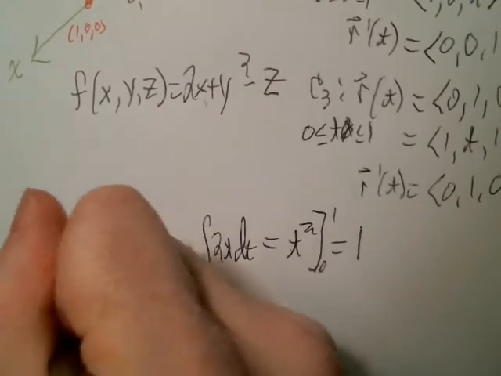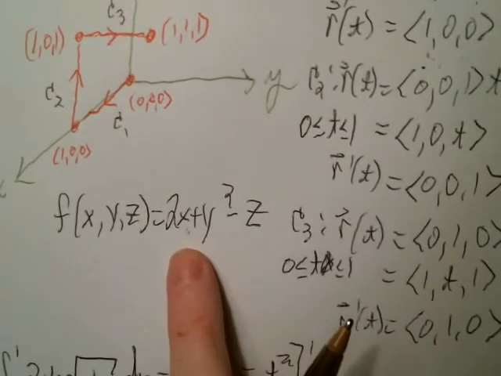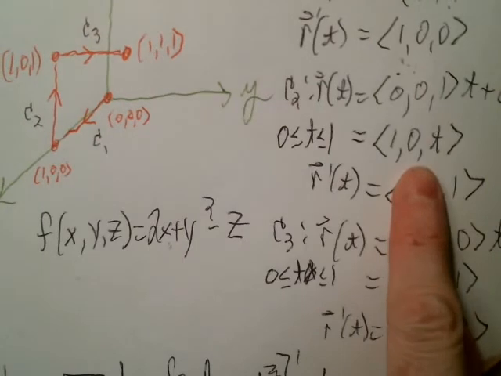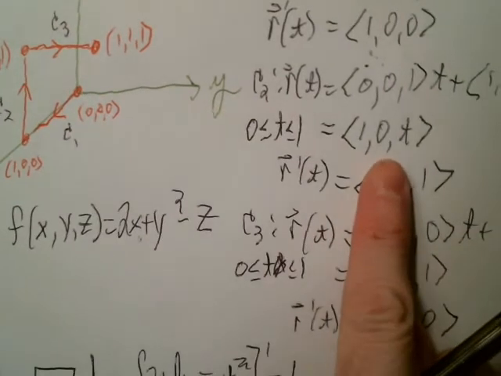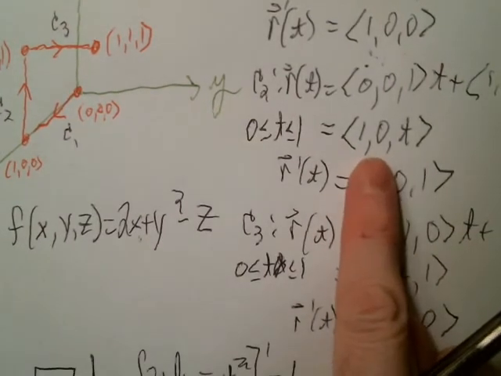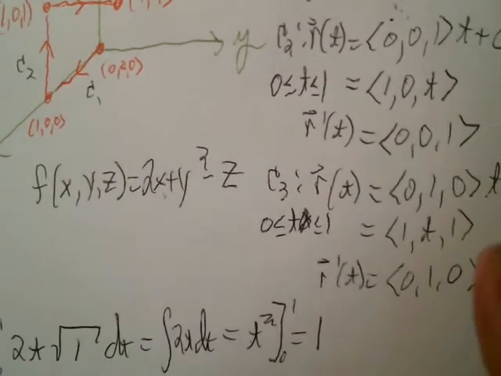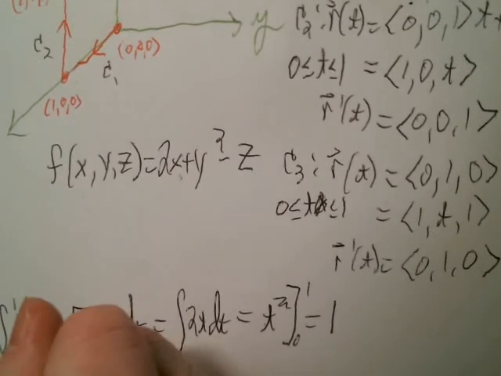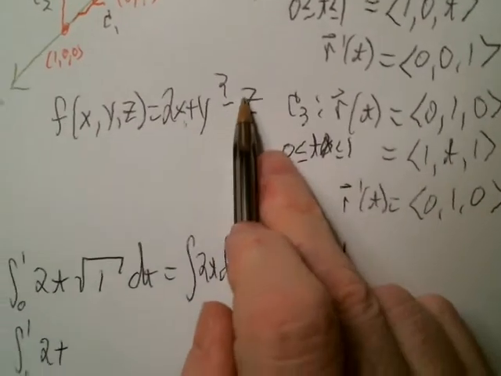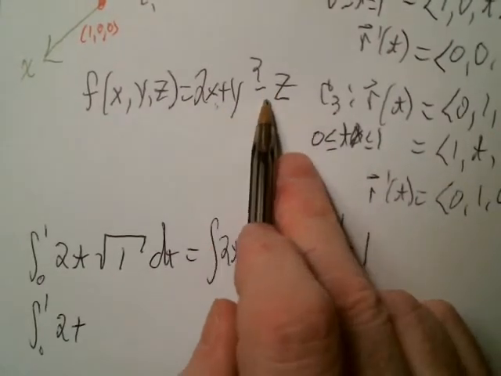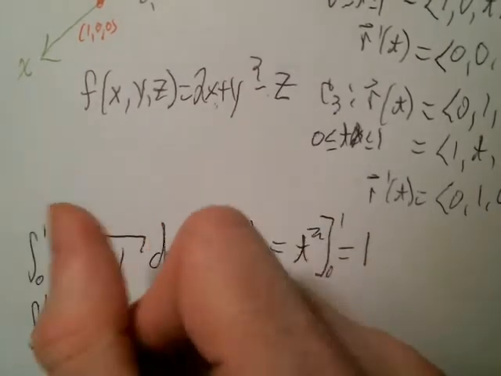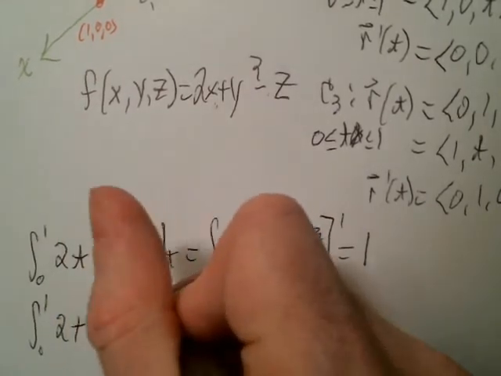Next, integral from 0 to 1, I'm replacing x, y, and z here with these x, y's, and z's from the second curve. So x is 1, y is 0, z is t. So x is 1, so I have 2 times 1 plus 0 squared, which is just 0, minus z, which is now t. So 2 minus t dt.